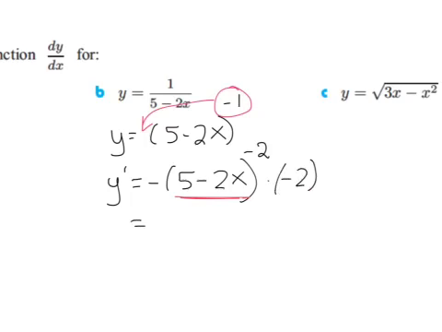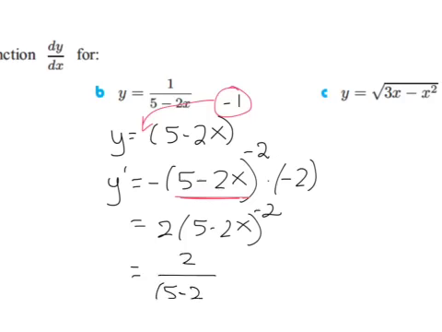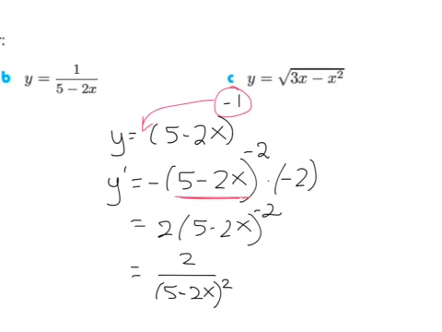So if you multiply negative 1 times negative 2, that makes it a positive 2, times 5 minus 2x raised to the negative second power. So this is a perfectly fine answer. However, let's say you wanted to put it back into fractional form, then it would be 2 over 5 minus 2x, raised to the second power. Let's move on to the next question.